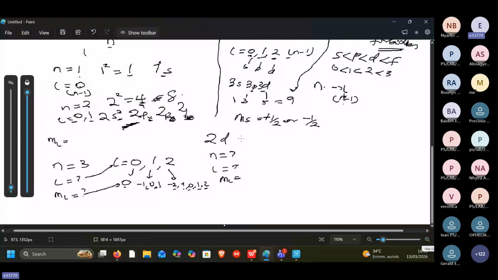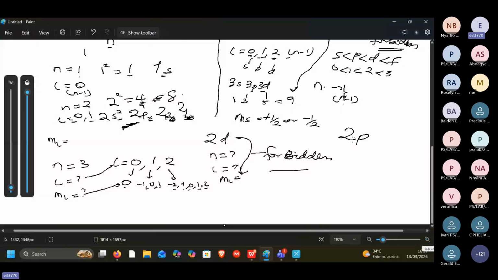Well, the entire question is forbidden. It's forbidden to tell me that 2D exists. So I should tell you the principal quantum number, then the L or the D. That's forbidden. However, if I write 2P, then N equal to 2, L can be what?